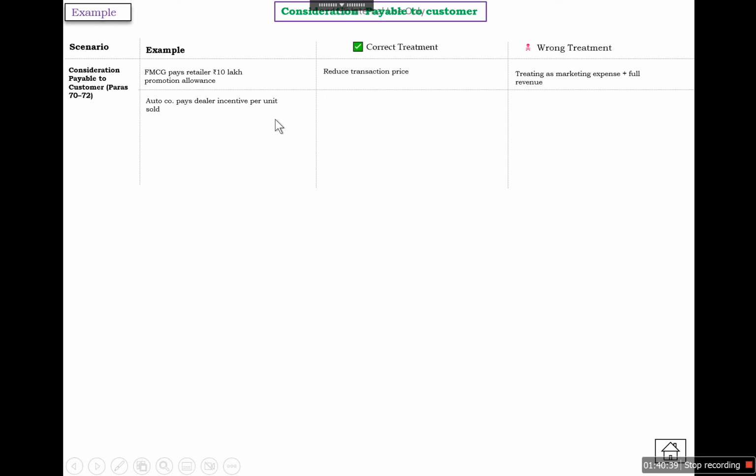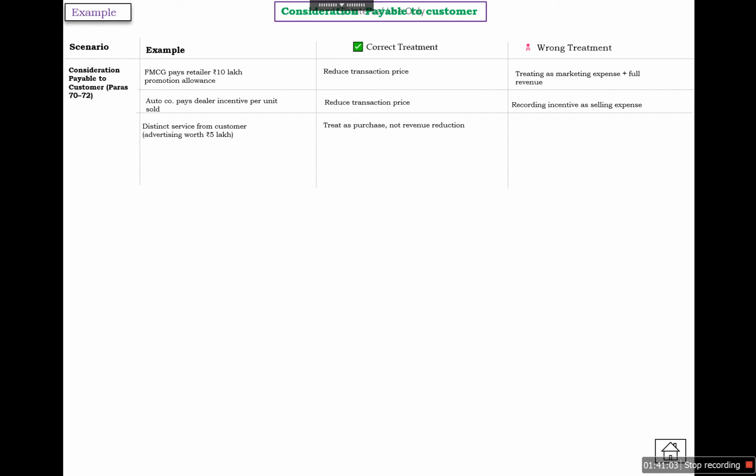It is not correct. And an auto company pays a dealer an incentive per unit. So we need to reduce the transaction price in this case, and recording the incentive as a selling expense is not correct. And distinct services from the customer, advertising worth 5 lakhs.